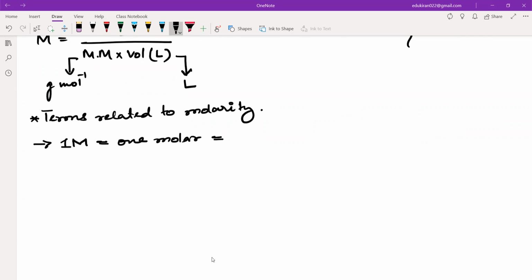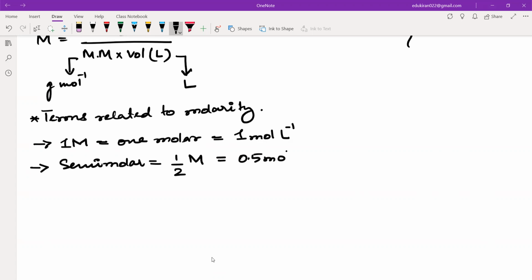And it means 1 mole is present in each liter of the solution. Similarly, there is something known as semi-molar. Semi-molar means 1/2 of M, half M, which means it is equal to 0.5 moles per liter.